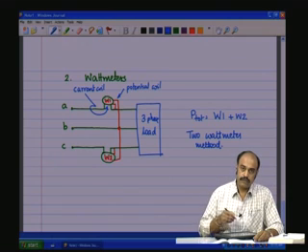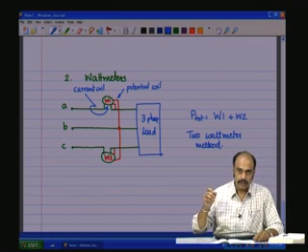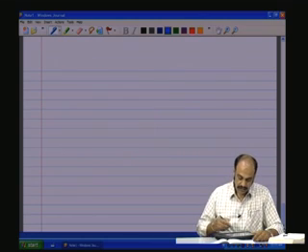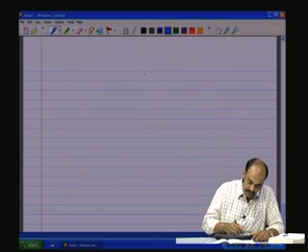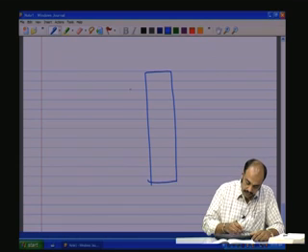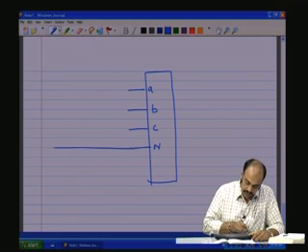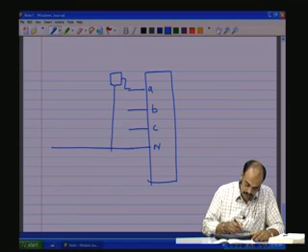In the case of 3-phase circuits where the neutral is also available, meaning 3-phase 4-wire systems, that is a load with A, B, C and neutral, then with respect to the neutral we have wattmeters connected.